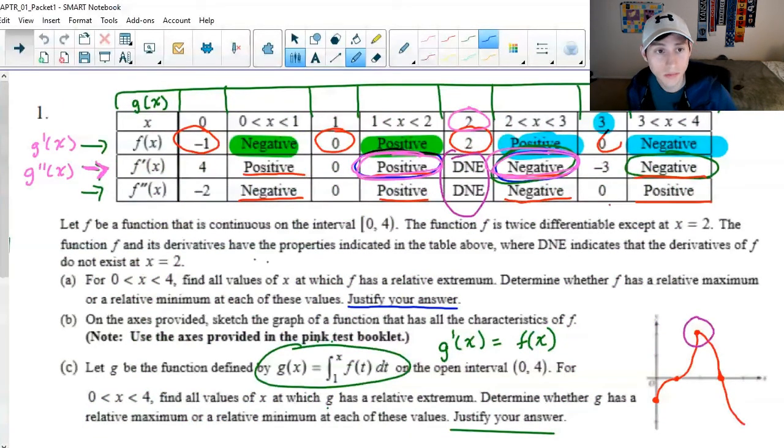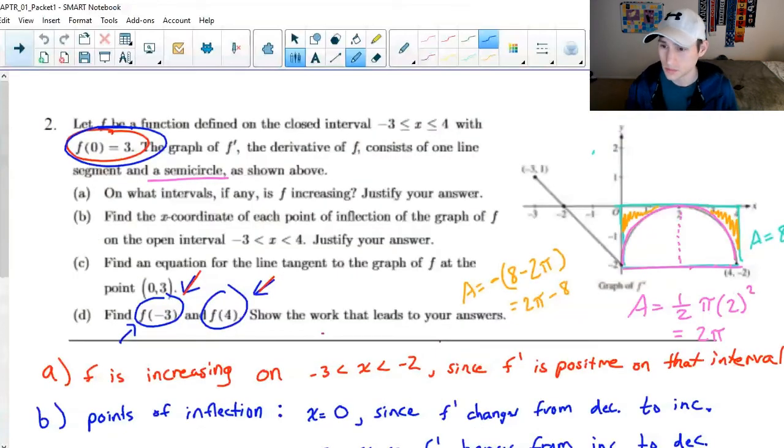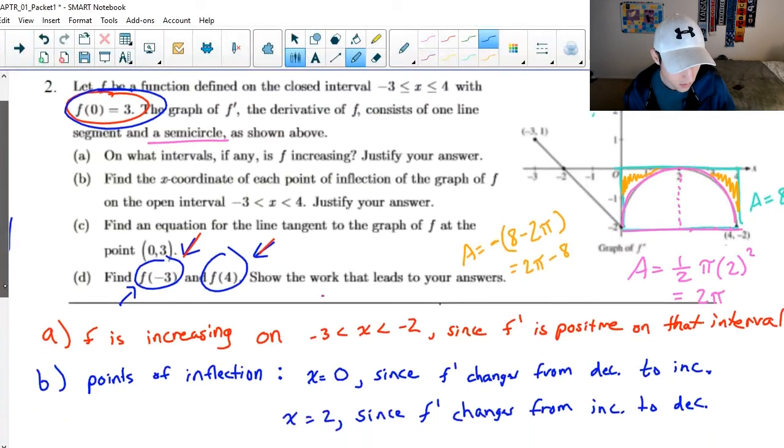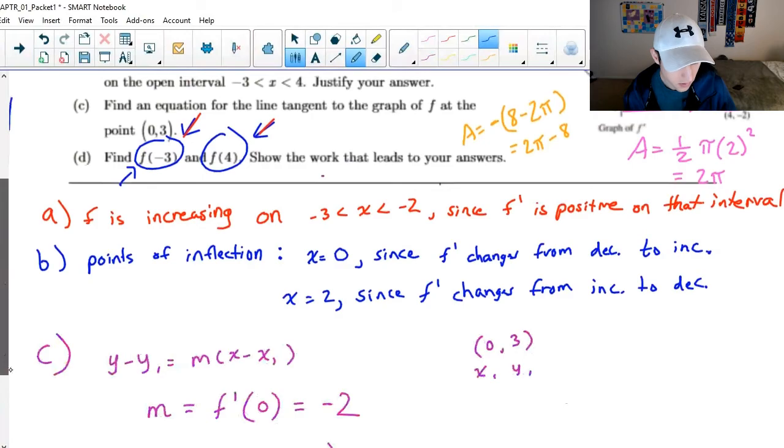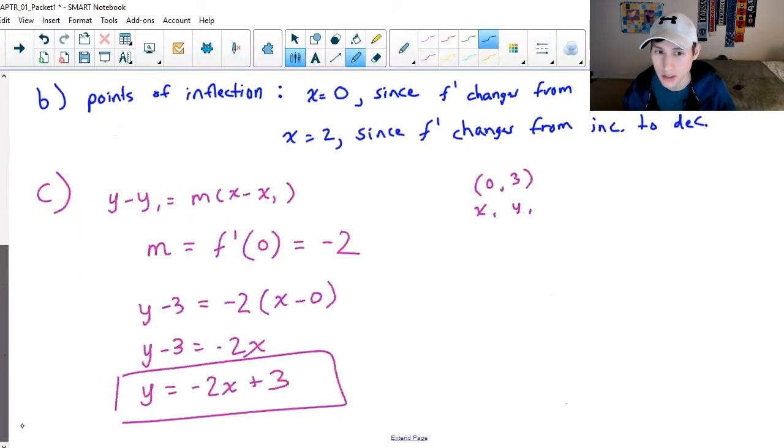And then for number two, we had to use a graph and still some increasing, decreasing, relative min max, inflection point type stuff. But then we also had that last question where we had to find specific values using the area, and just knowledge about how to find areas to find specific values of a function. And brought it home with finding the equation of a tangent line.